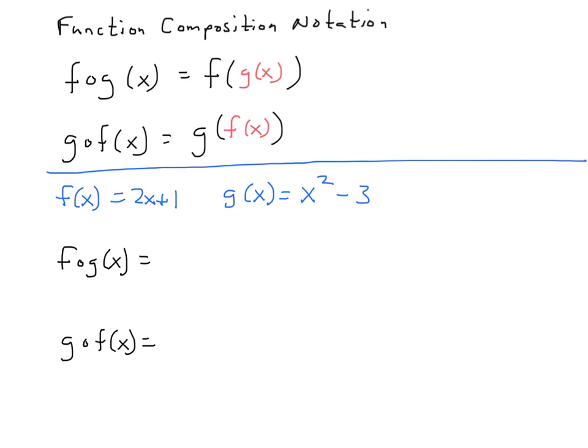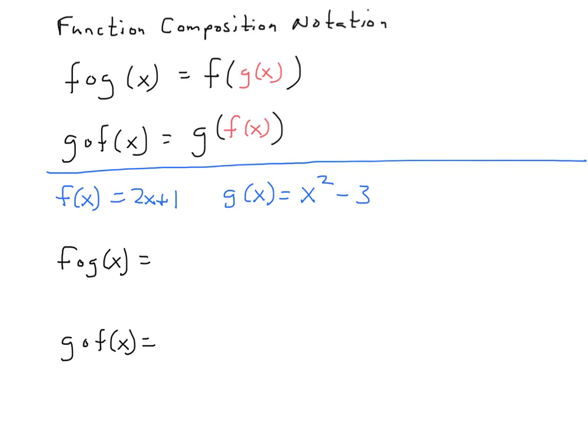Now let's take a look at another couple examples here. Okay, we have two functions. f of x is going to be 2x plus 1, and g of x is x squared minus 3. So, using this notation, what I would like you to do is pause the video and write down the expression. Just do the composition. You don't have to do any simplification.